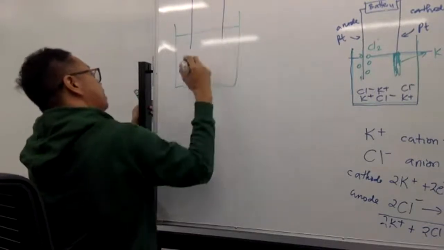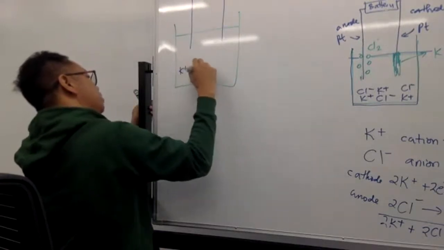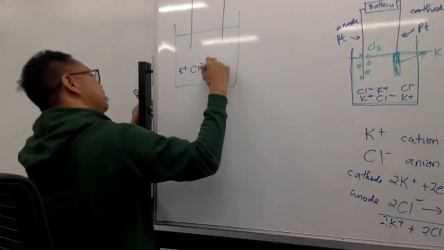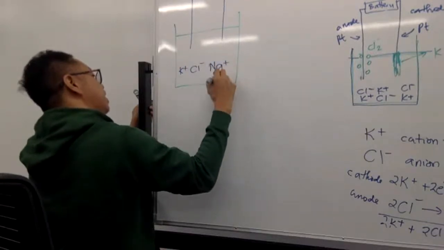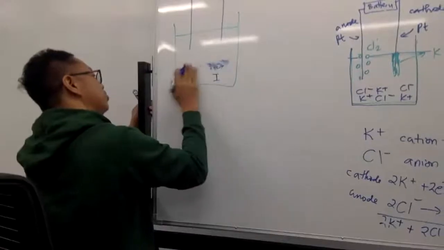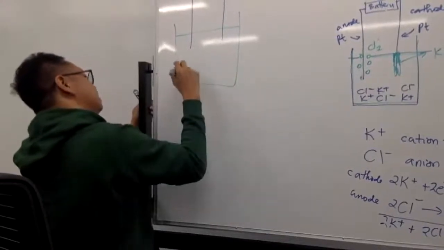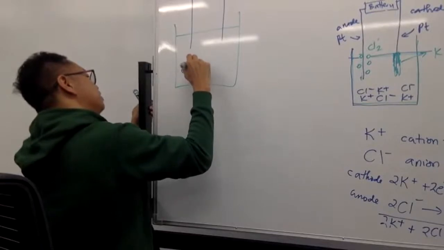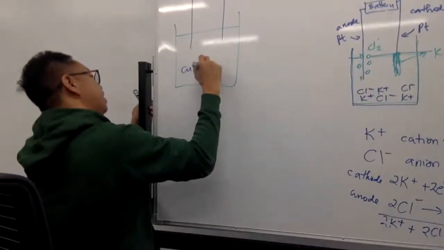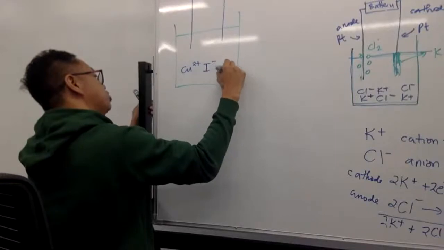Then I have here K plus chloride, and let's say copper 2 plus and iodide.